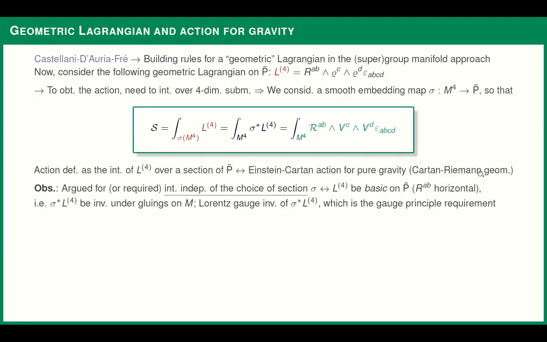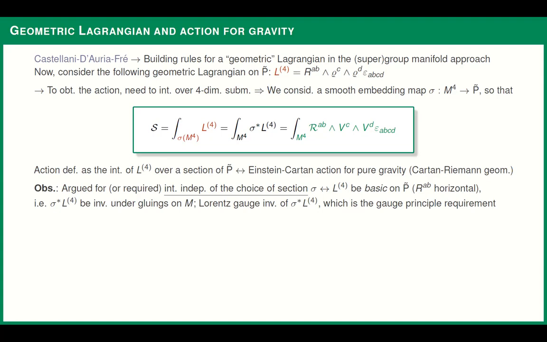And then to obtain the action, we need to integrate over a 4-dimensional submanifold, because we have 4-forms, in a 4-dimensional submanifold of P tilde, because in P tilde we have the space-time translation directions, but also 6 directions due to Lorentz, and so it's 10-dimensional.